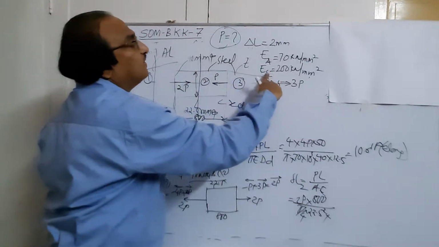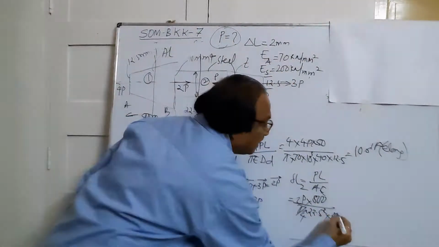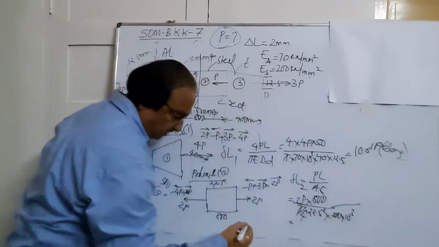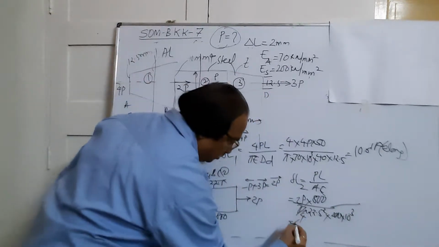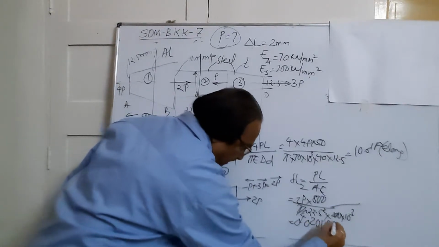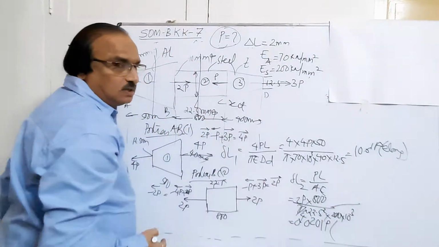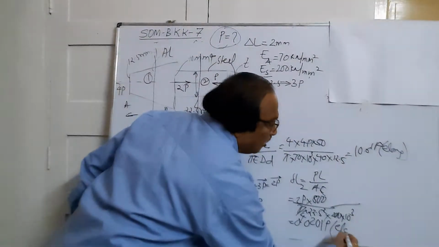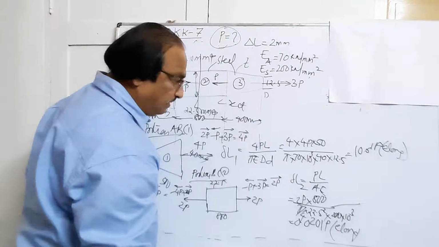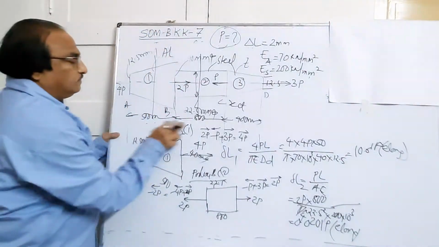So what is the modulus of elasticity of steel? 200 into 10 to the power of 3. If you simplify this, you get 0.0201 P. This is subjected to tension, so it will be elongation. This is also elongation. Now next, coming to the last portion.